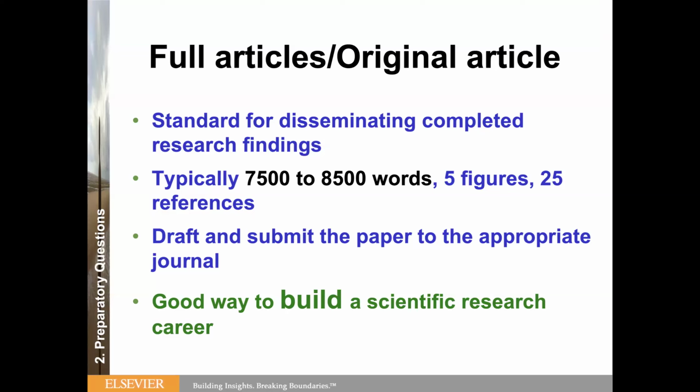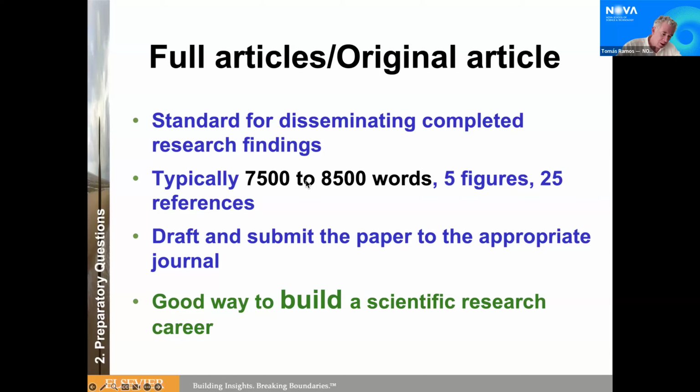So full articles are, as I was saying, the most standard type of papers. They are typically around 7,000 to 8,000 words. They are great to disseminate completed research findings.